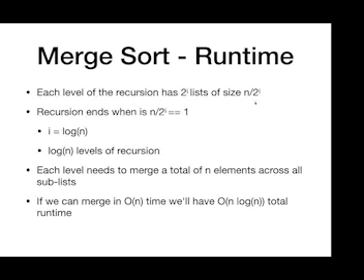So if the total work across all the calls to merge is linear in terms of the size of its input, then the total work for 1 full layer of the recursion is going to be O of n in terms of the original n. So if we can merge in linear time, we get our n log n runtime, which we better be able to get because I told you it's an n log n algorithm. So that's our quick and dirty runtime analysis. You'll see more in-depth analysis in 250.